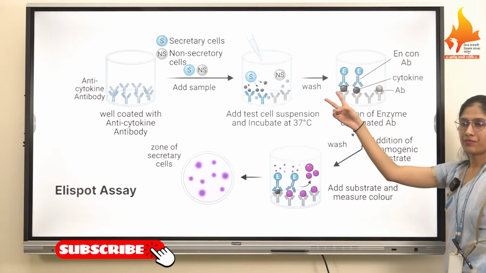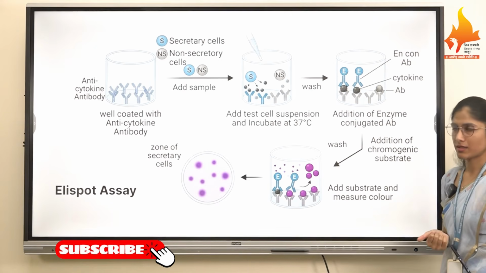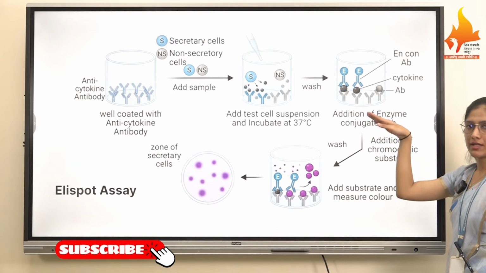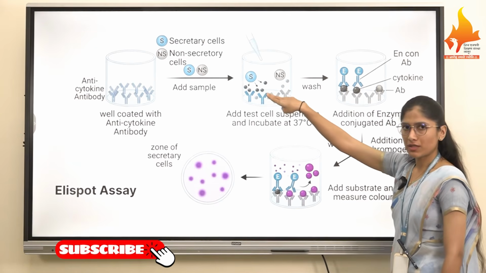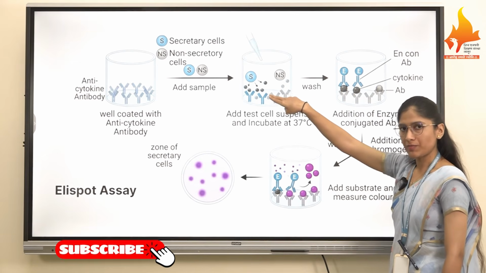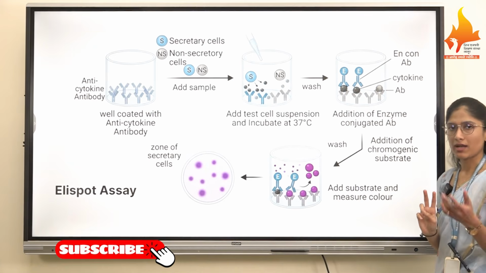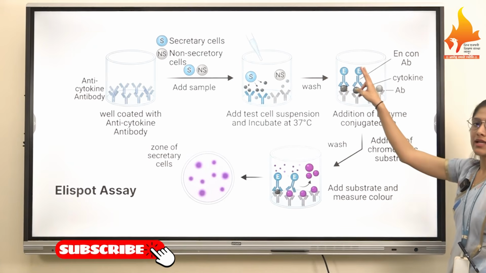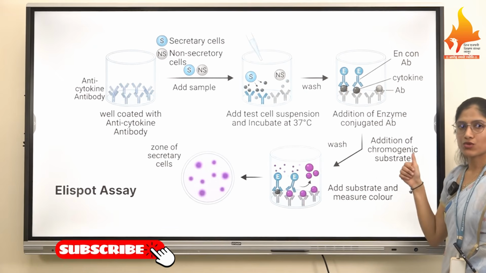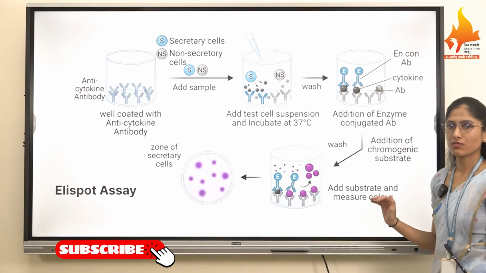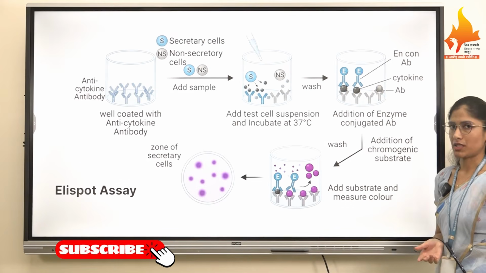Then washing, and the enzyme linked secondary antibody is added. If the cytokines are bound to the primary antibody, the enzyme linked secondary antibody binds. For that enzyme we add the substrate, and the chromogenic substrate is responsible for the conversion of colorless substrate into the colored product.